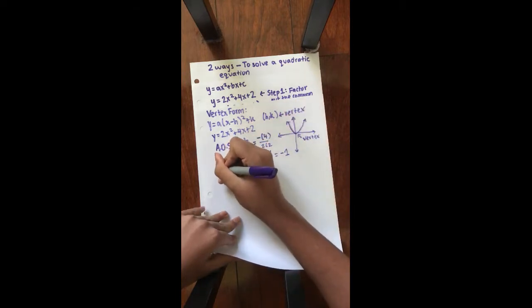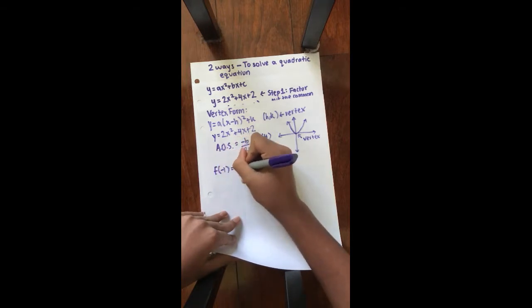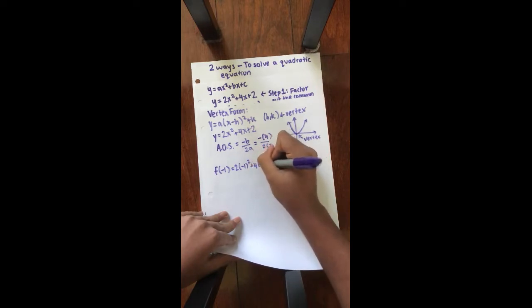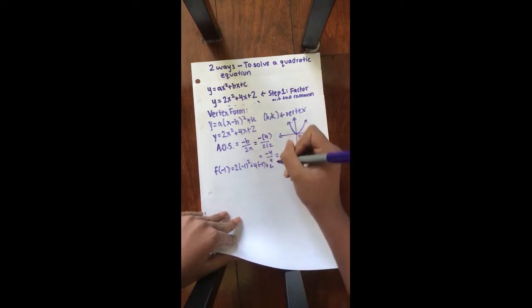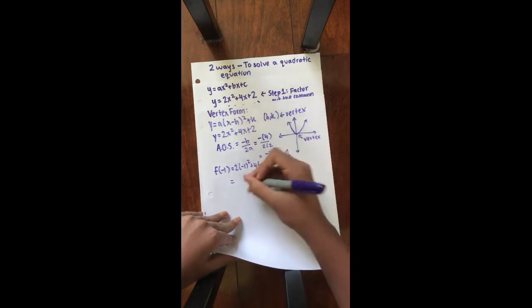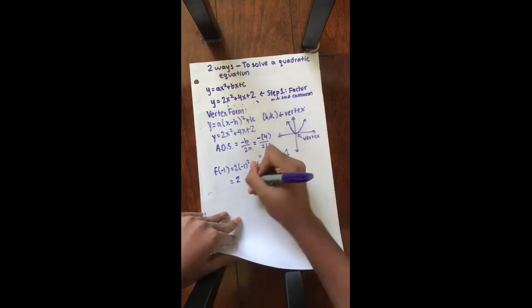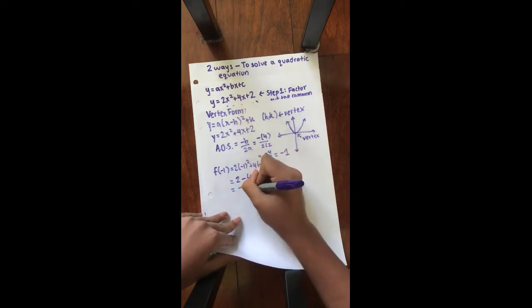So y is equal to f of x, which is f of -1, which is equal to 2 times -1 squared plus 4 times -1 plus 2, which is equal to 2 minus 4 plus 2, which is equal to -2 plus 2, which is equal to 0.